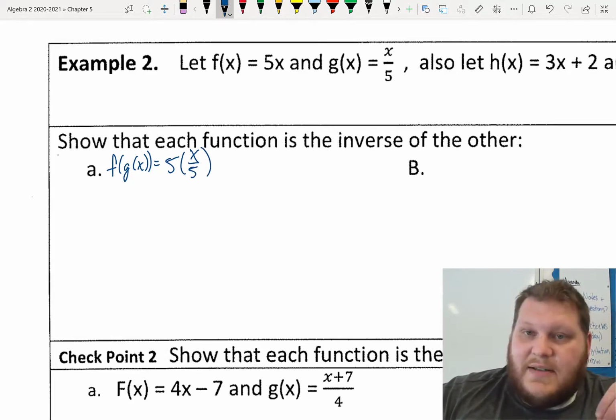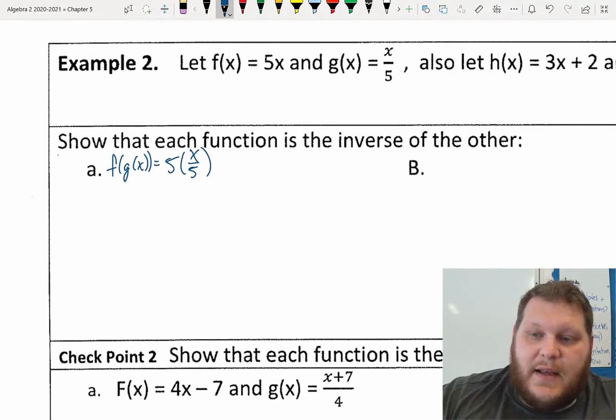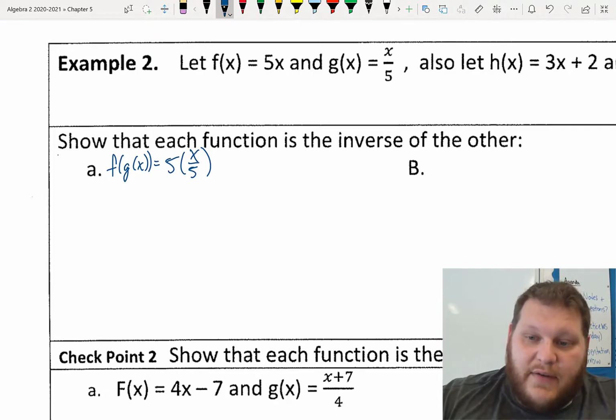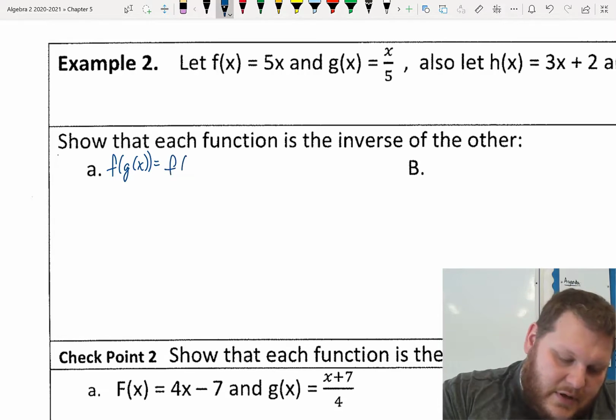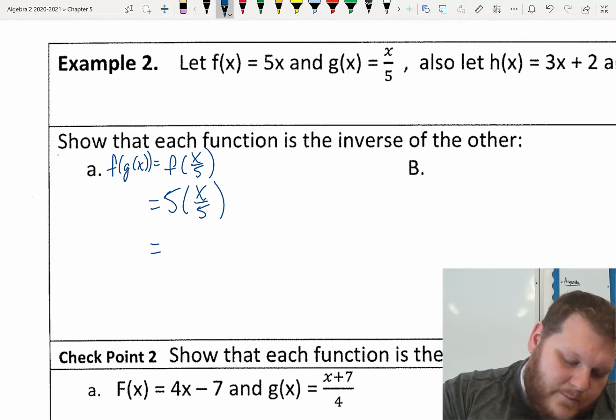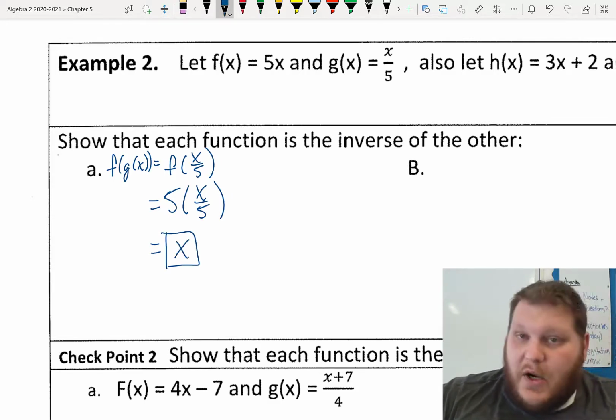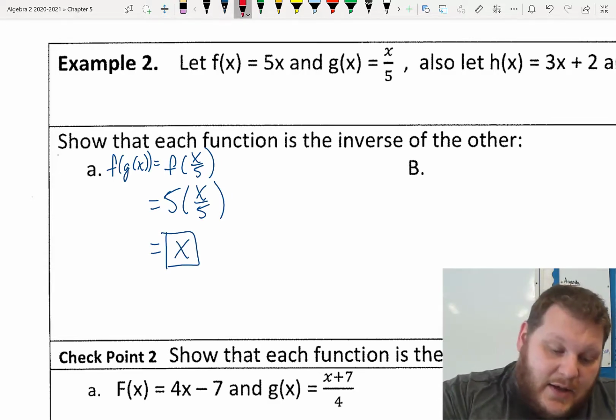I'm doing g of x is x over 5 in this case, so I'm plugging that in for my x value of f. Maybe I'll show my steps here. f of g of x is x over 5, so 5 times x over 5 gives me x back out, which is what I want. I want it to be an x on the back end.